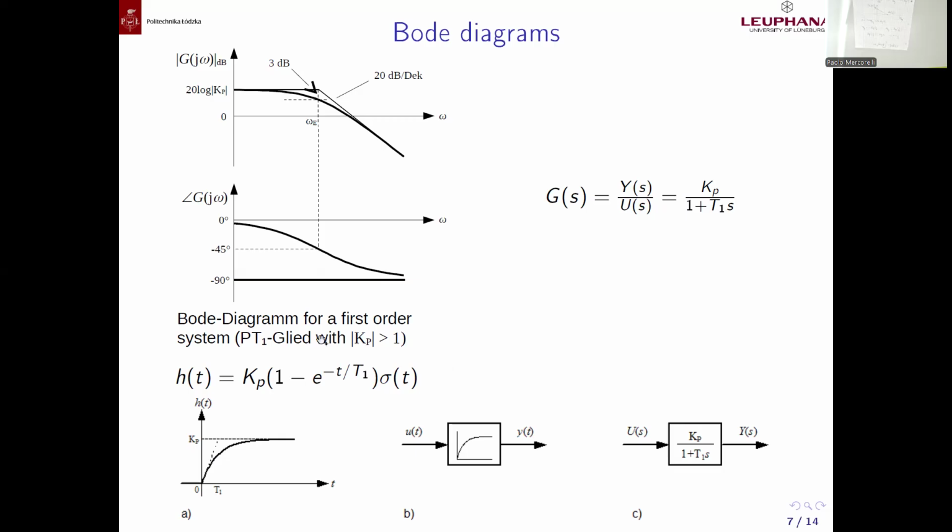Exactly, today we have seen it, in which T1 was R multiplied C. Each system has its T1, of course, here a system of first order. First order means a differential equation with just one state. This means a polynomial in the denominator of the first order.